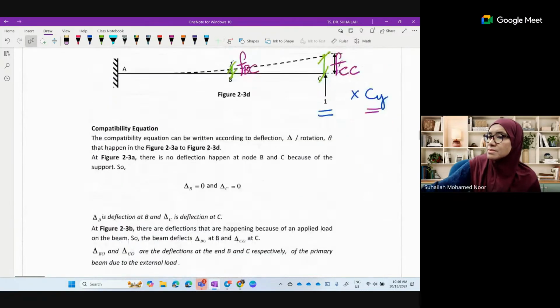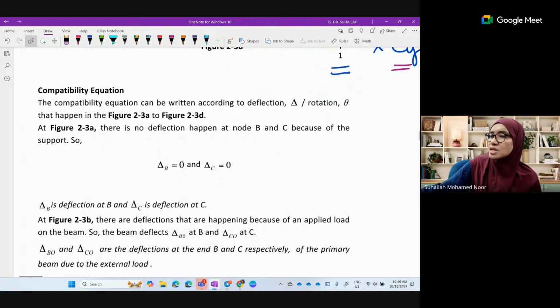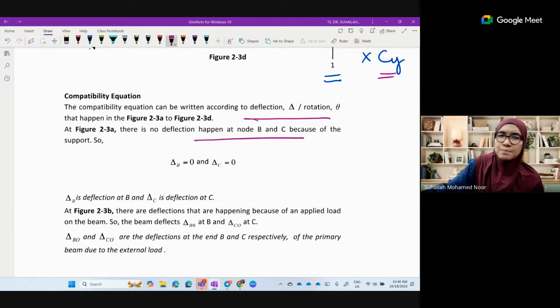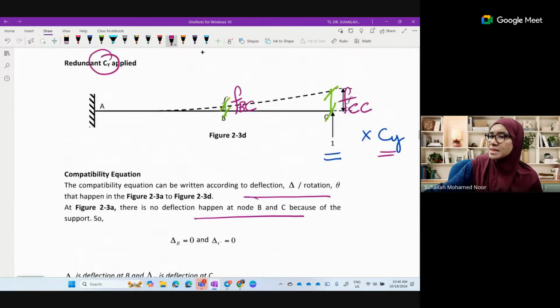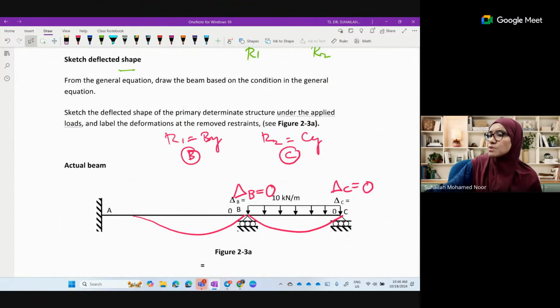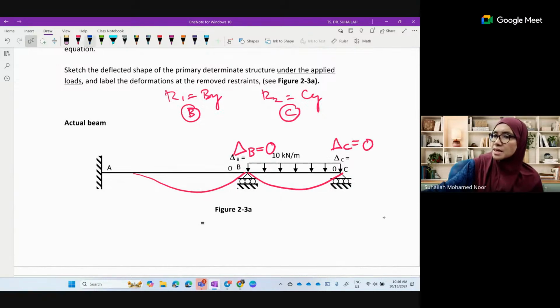Any question? Okay, the compatibility equation is based on displacement that happens at redundant position B and C. Based on the principle of superposition, we write equation number 1 at redundant number 1, equation number 2 at redundant number 2, position number 2.